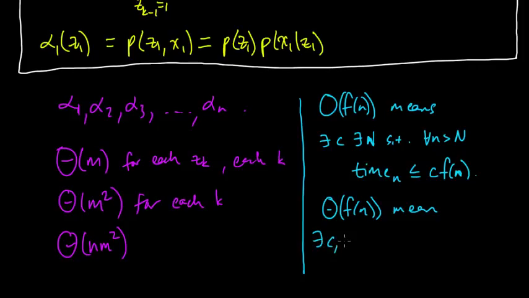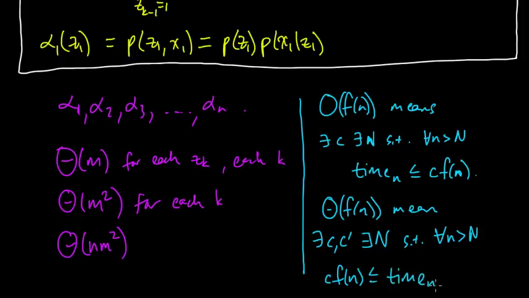And here, theta of f of n means, again, there exist two constants, c and c prime, and there exists a number big N such that for all n greater than big N, we have a lower bound and an upper bound. So c prime times f of n is a lower bound for the time it takes, and c times f of n is an upper bound.